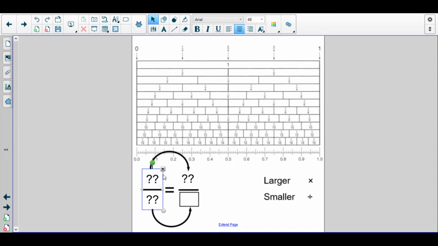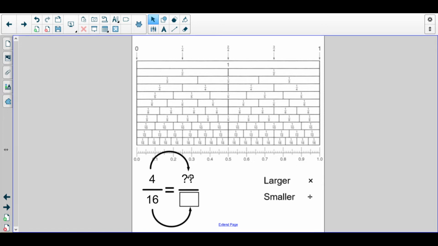So let's just say, for example, we have the fraction 4 sixteenths, and we would like to see this fraction equal to 2 over something.